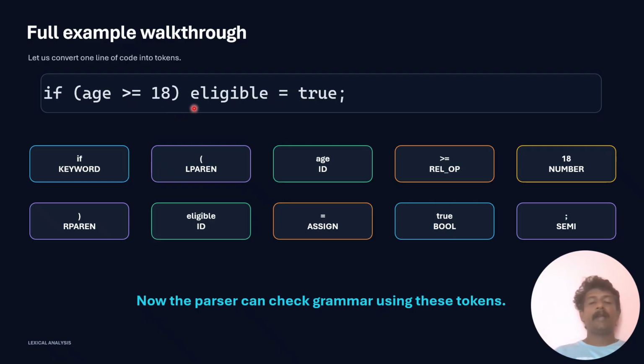Then we have a right bracket. Eligible is another identifier. The equals symbol is an assignment operator. True is a boolean value, and the semicolon ends the statement. So now the parser can use these tokens to check the grammar of the if statement.